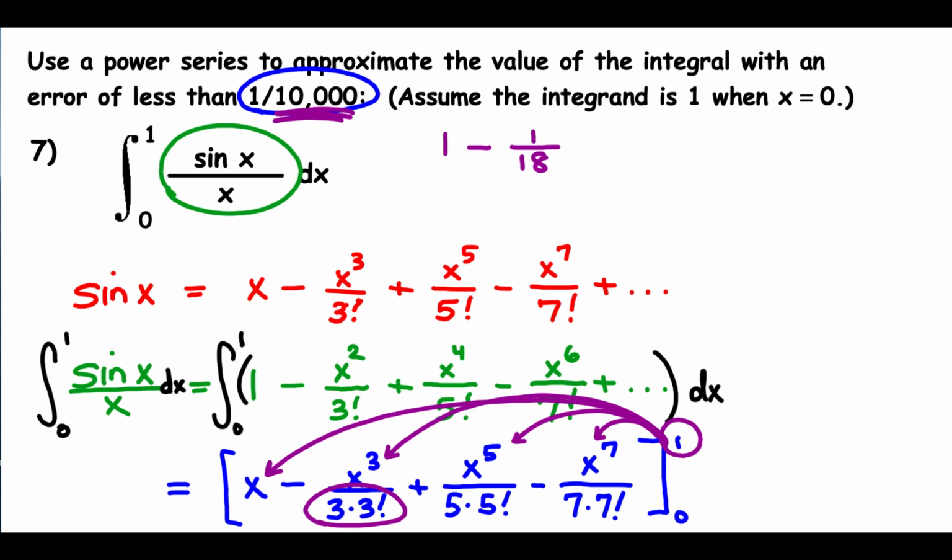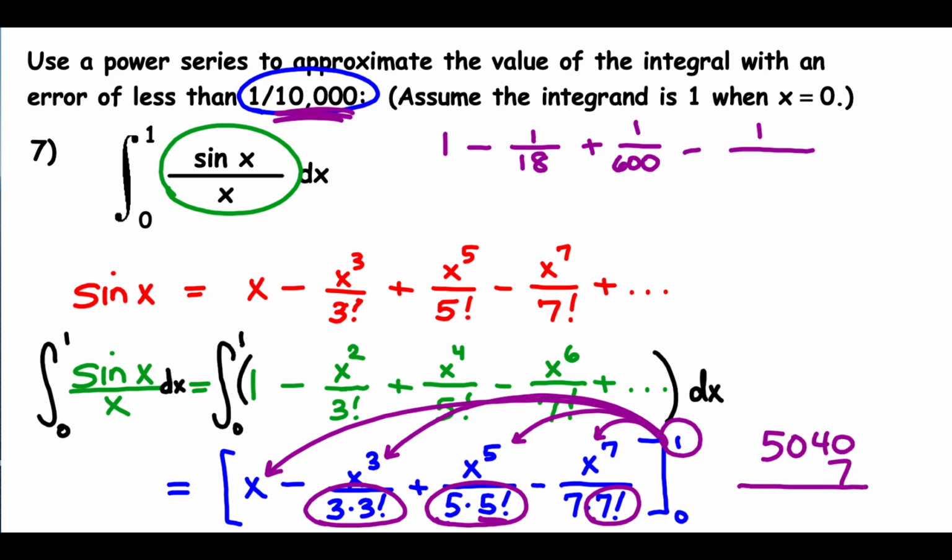So let's forge ahead. Plus 1 over 5 times 5 factorial. 5 factorial is 120. Multiply that by 5. That's going to be 600. Which, of course, is nowhere near 10,000, so we move on. Minus 1 over, okay, 7 factorial is 5,040.